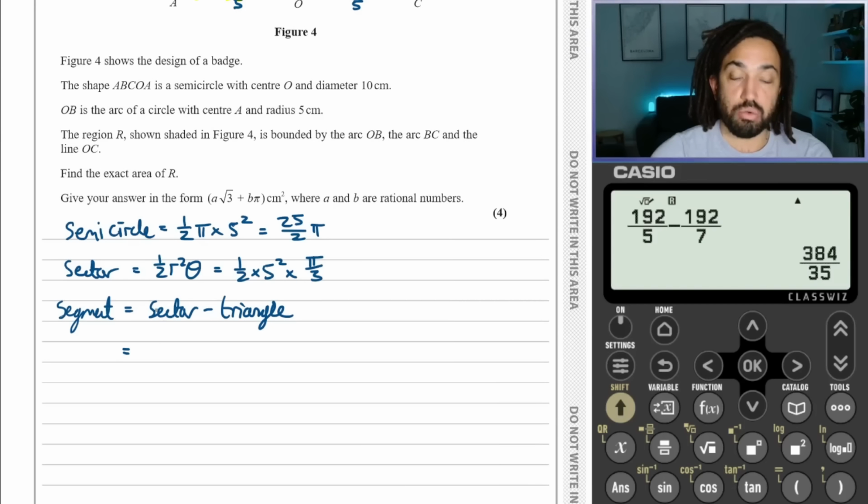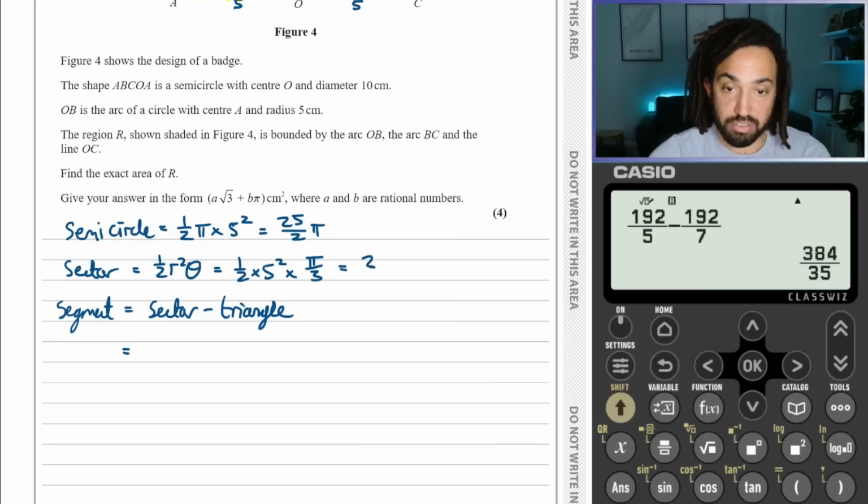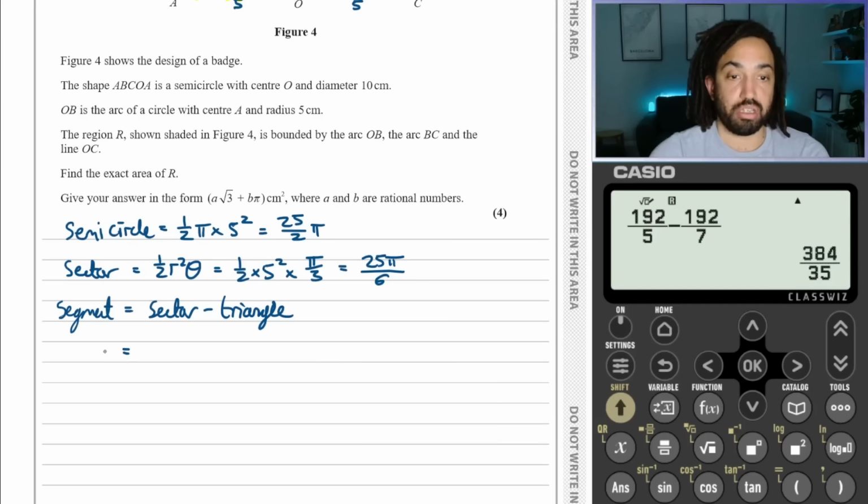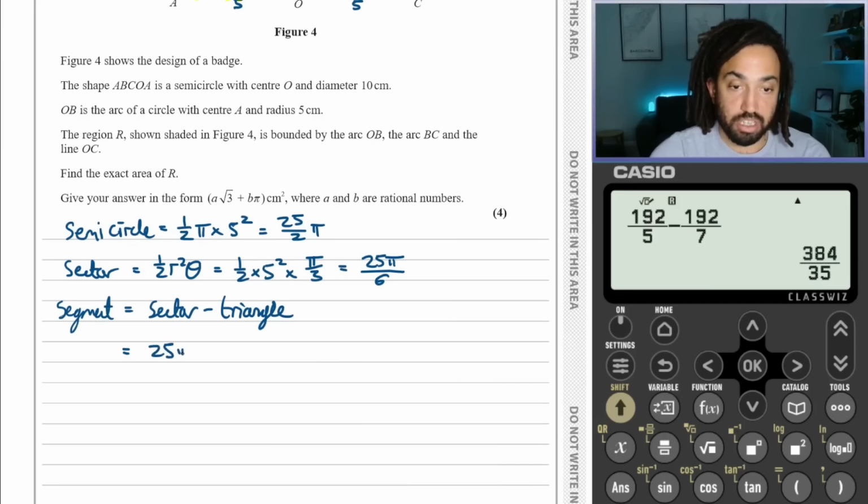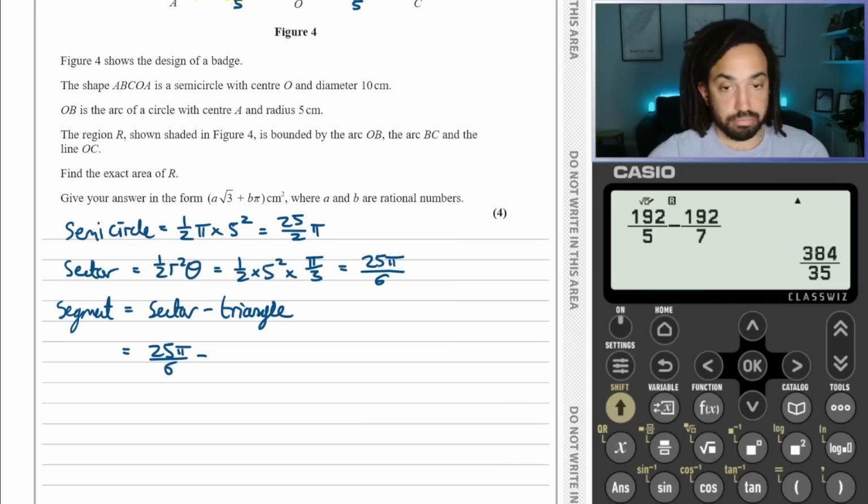Now we already know what the sector is. It's this thing here, which we can actually simplify to be 25 pi over 2 and 3 makes 6. So the sector is 25 pi over 6 minus the triangle.